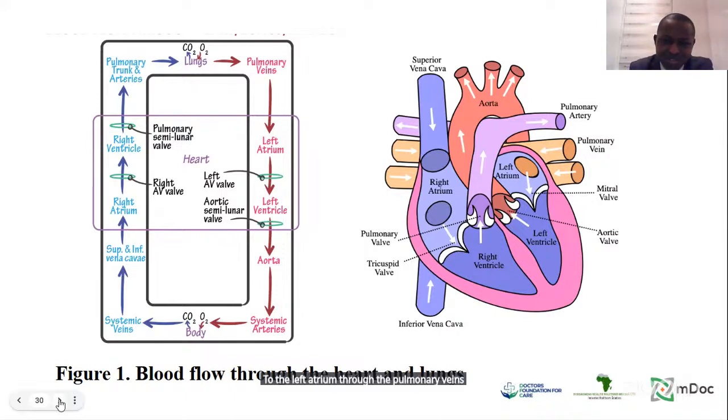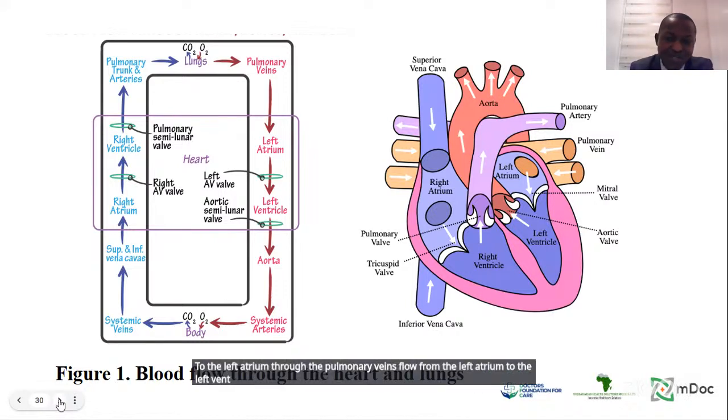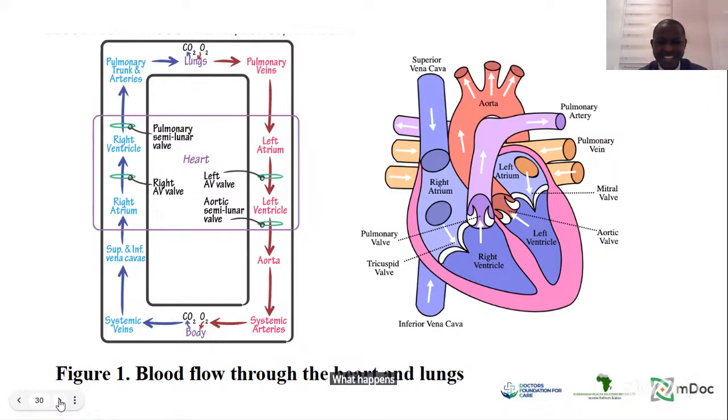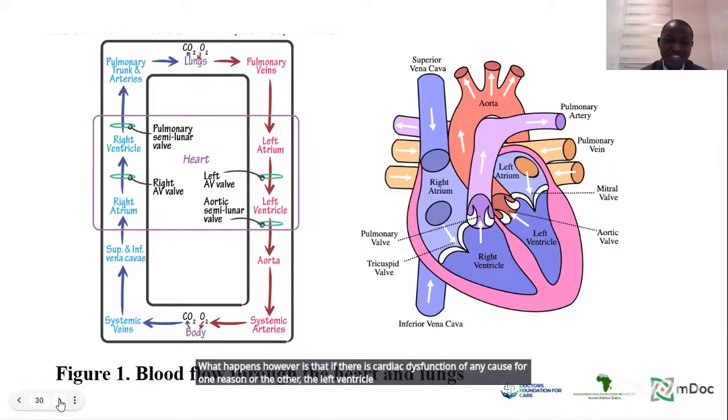And normally blood should now flow from the left atrium to the left ventricle, where it is pumped out into the body. What happens, however, is that if there is cardiac dysfunction of any cause, the left ventricle is not able to pump effectively.